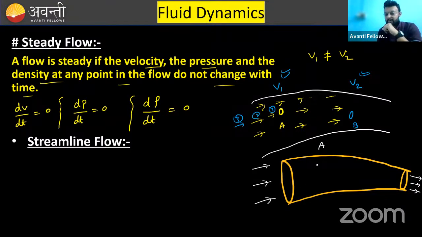You are not getting my point. For example, all the particles passing through point A will definitely pass through point B. That means if a particle is passing through point A, then it will definitely pass through point B. Then such a flow is known as streamline flow.